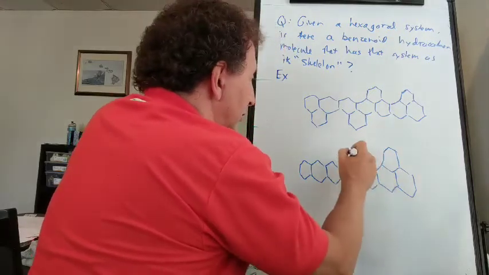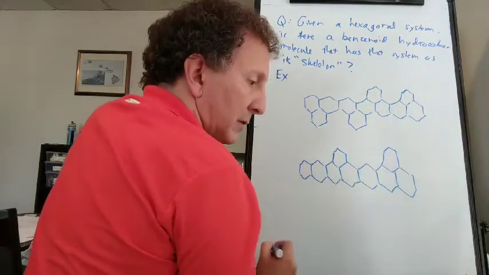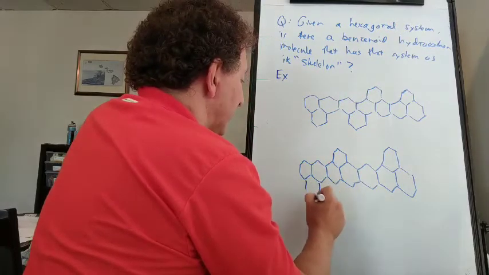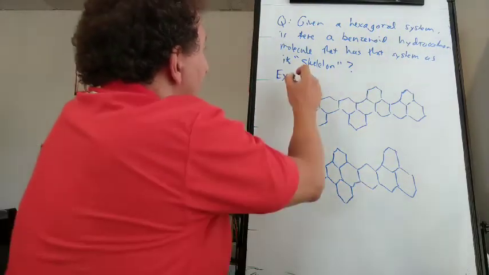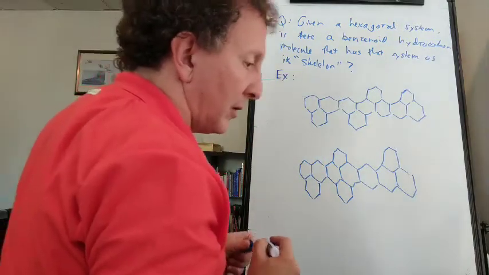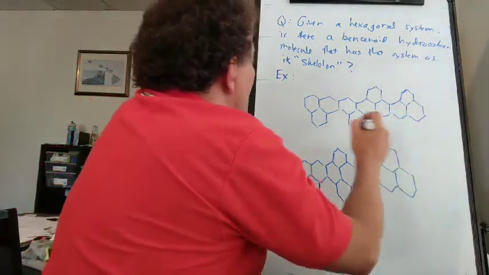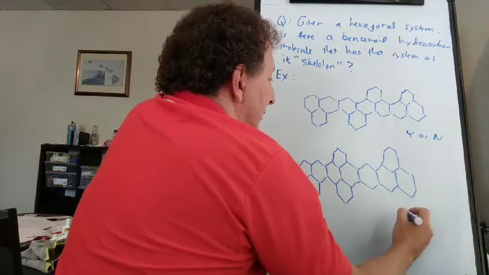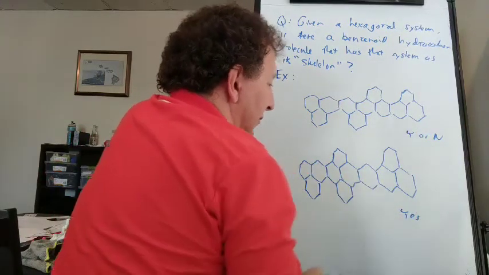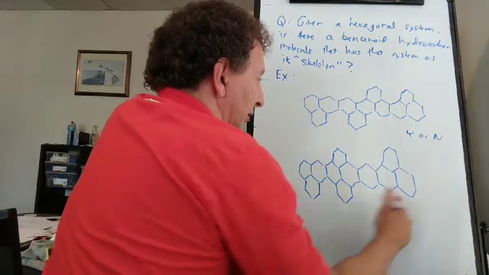Now I'm going to skip 2 and put another one here. And then on the bottom they're going to be exactly the same. So we have each of these hexagonal systems, and we're wondering, is there a molecule that looks like that?